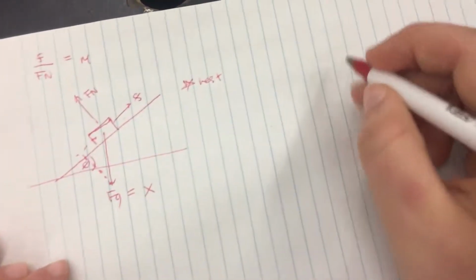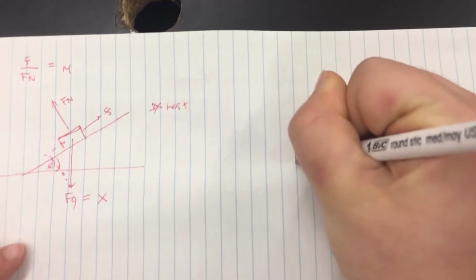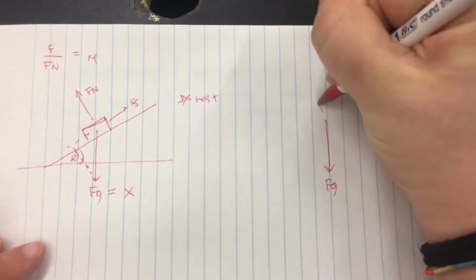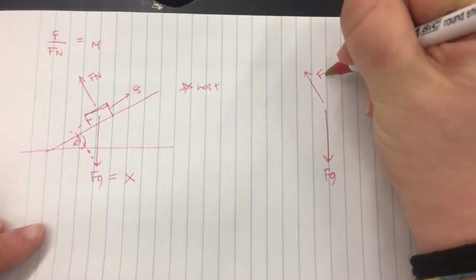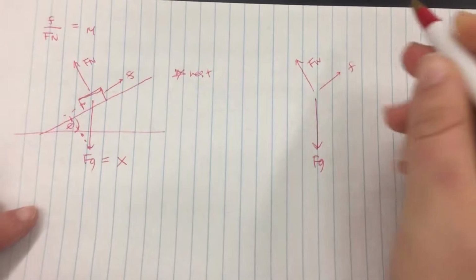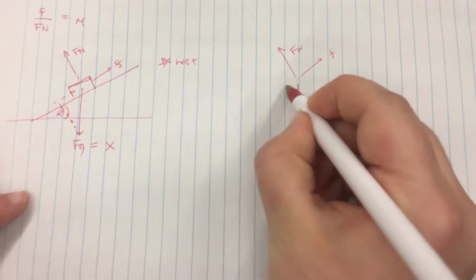So wait, I'm going to draw it again right here to make it make more sense. So here we have our F of G, right? We're going to have a normal force here, and then we're going to have friction going like this.